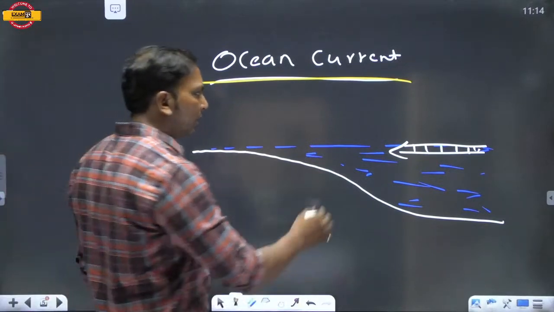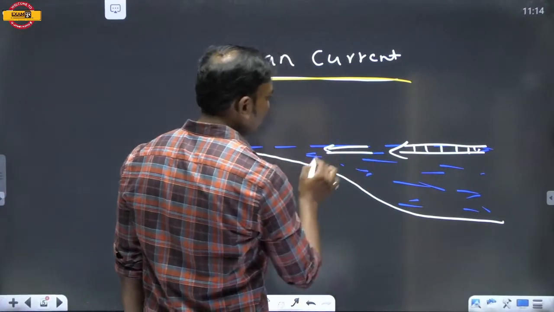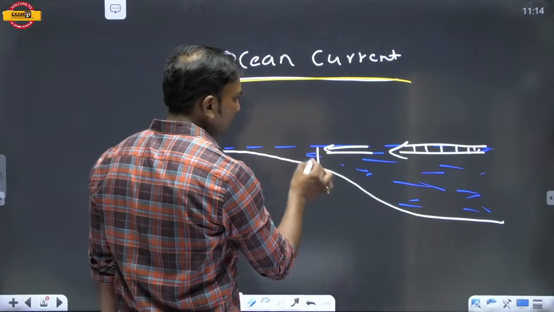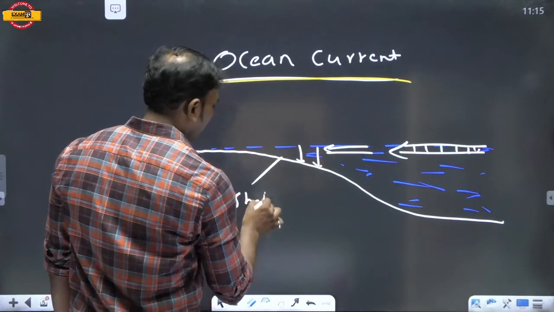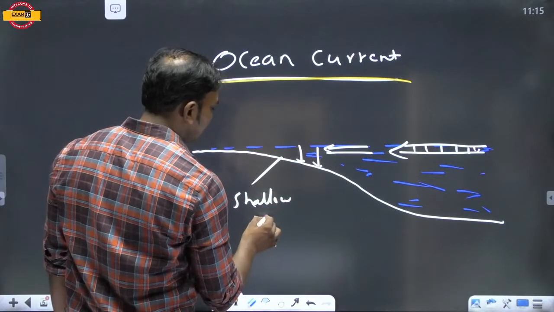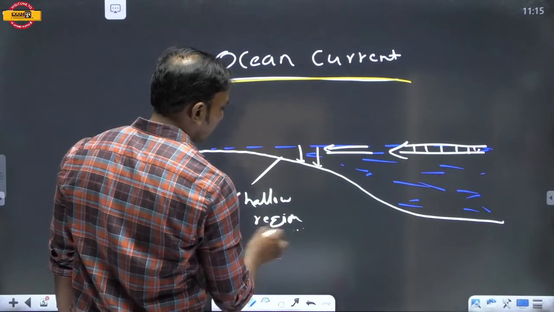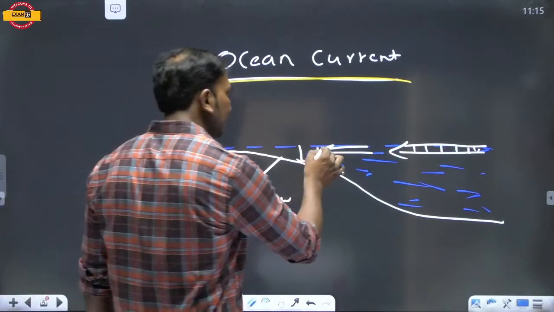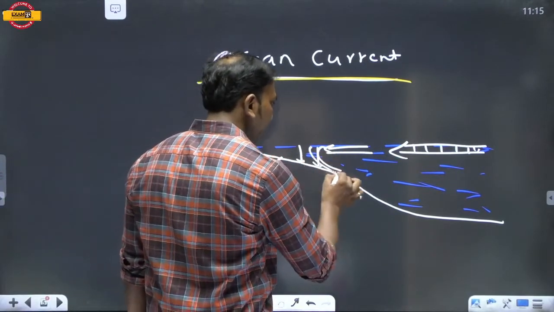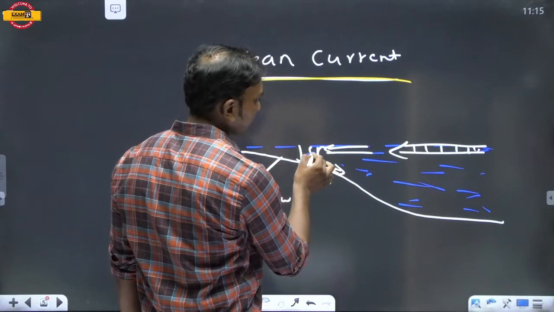Whenever it comes towards the coastal region, the depth becomes low, or it becomes a shallow region. When it reaches the shallow zone, it will break down, and then it will move like this from beneath that place.